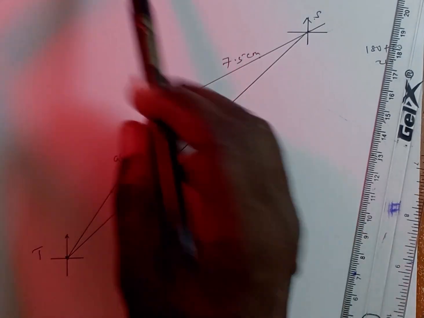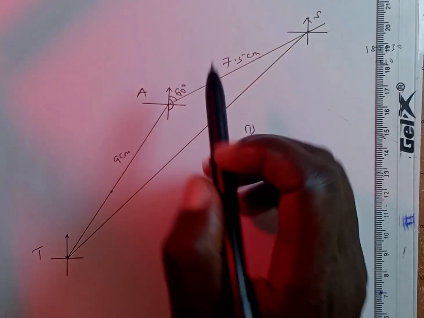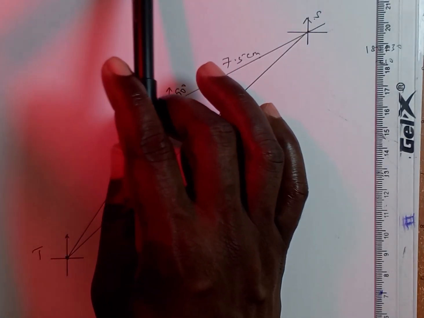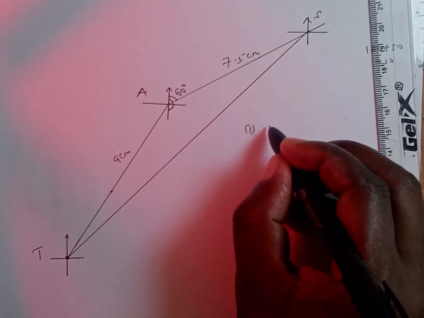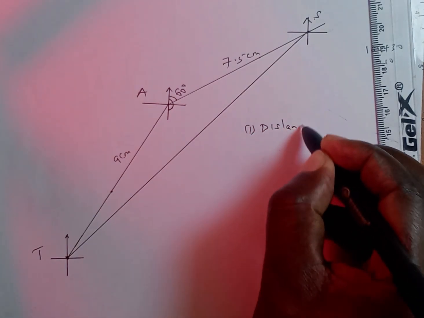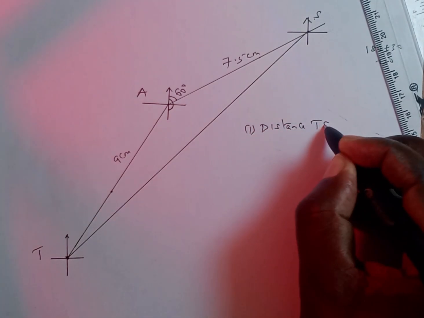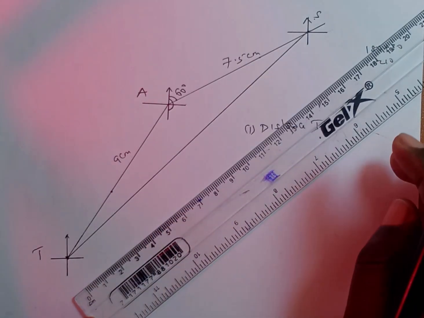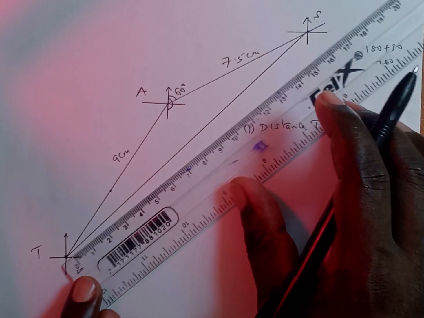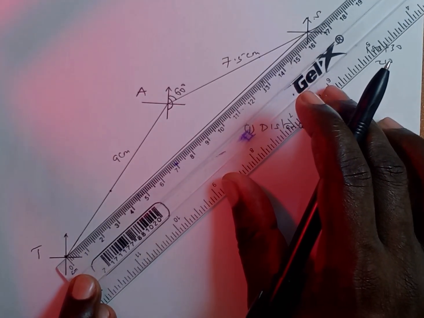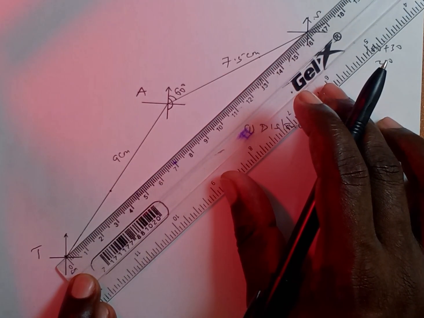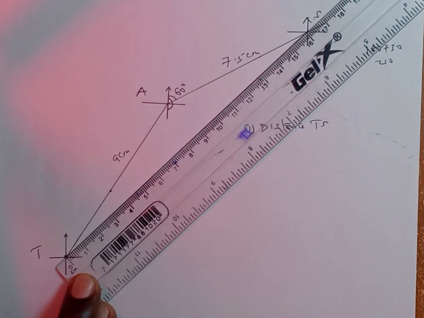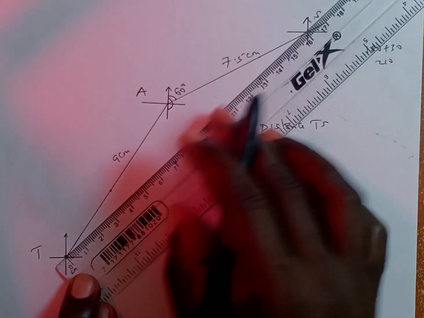Then from there we are supposed to work on the questions given. 1. We are supposed to determine the actual distance between the 2 planes, so we need the distance TS, and in this case we are going to measure the distance between the 2 in centimeters, then convert them back to the scale. So if you look at the distance here, we have around 16.1.